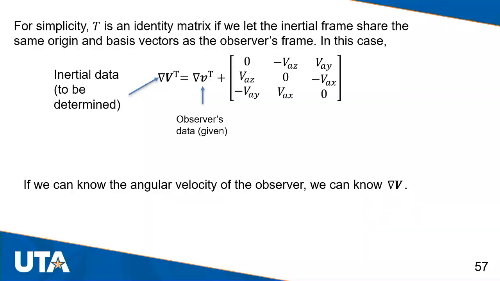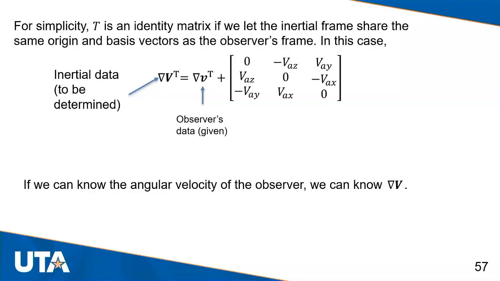So we look at this relation. The lowercase is the observer's, that's what we can get from the observer's data, right? And the left-hand side is the inertial data, that's what we want to get, right? And what is the gap?